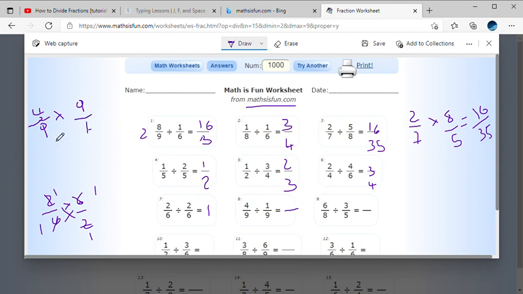We could simplify the 9 and the 9, because they're both divisible by 9. So 9 into 9 goes one time, and 9 into 9 goes 1. So we'll have 4 times 1, which is 4, and 1 times 1 gives us 1. So your answer could be 4, or you could put it as 4 over 1.